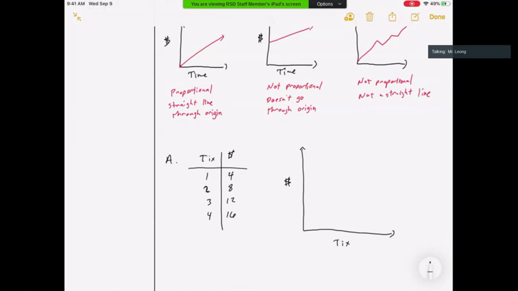So on my little graph, I'm gonna draw little tick marks here. Try to space them out as evenly as possible. 1, 2, 3, and 4. And then this one I'll say is 4, 8, 12, 16.